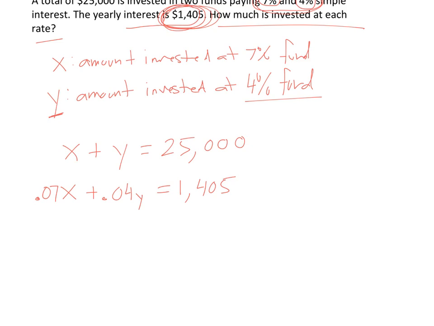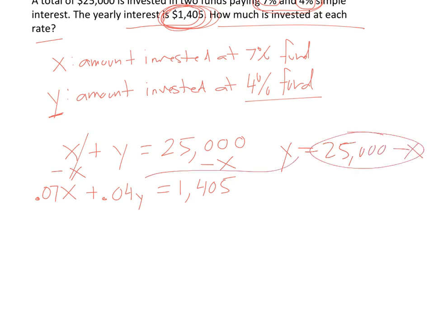Now I'm going to isolate Y. So Y is equal to 25,000 minus X, and I'll substitute it in for Y here. So 0.07X plus 0.04 times (25,000 minus X) is equal to 1,405.